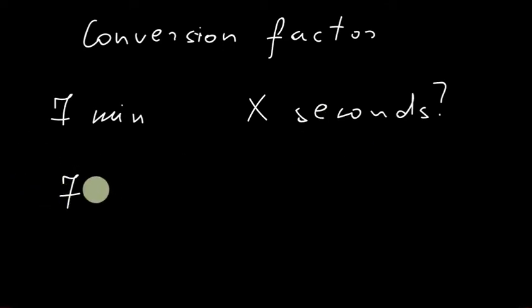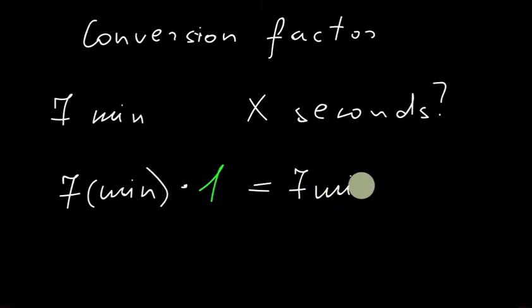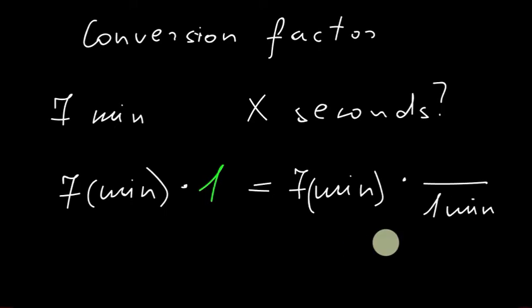So let's say we have 7 minutes, and multiply it by 1. This 1 is a conversion factor. Now, we need to rewrite this 7 minutes and multiply it by 1, the same conversion factor, but the minutes must simplify. So we write 1 minute here, and 1 minute has 60 seconds.